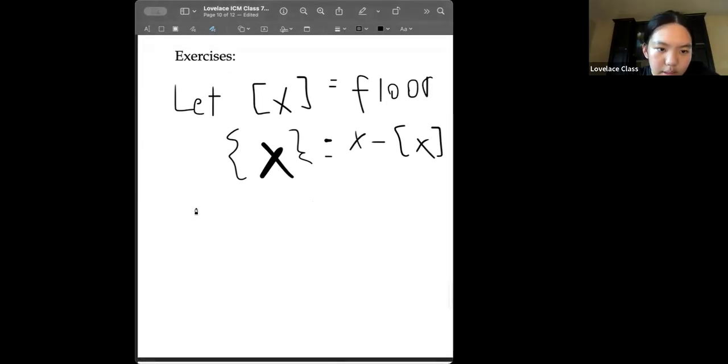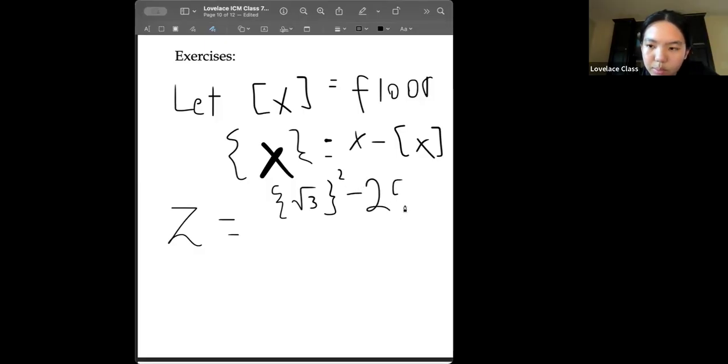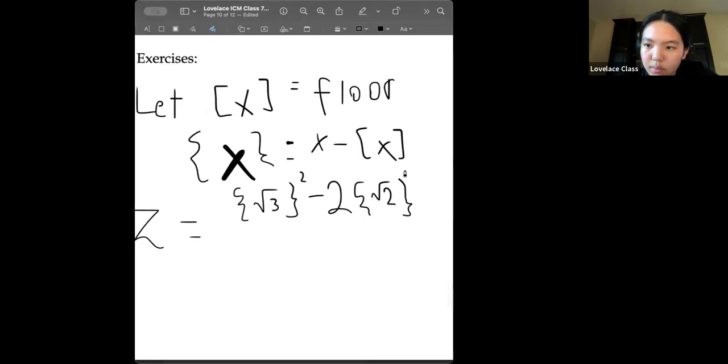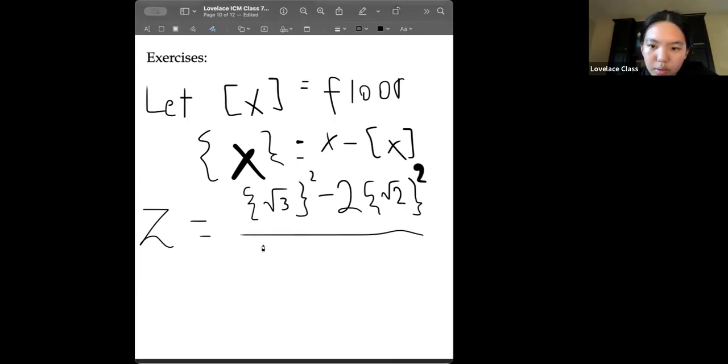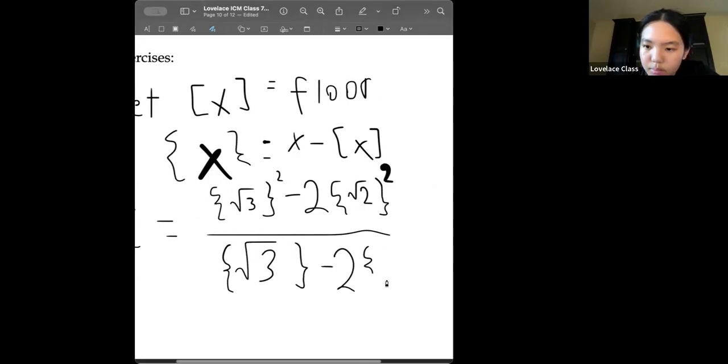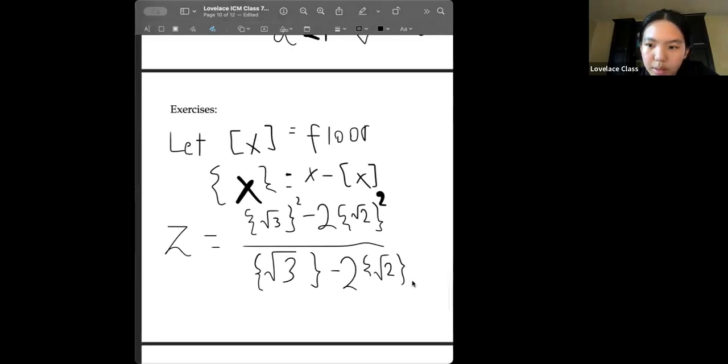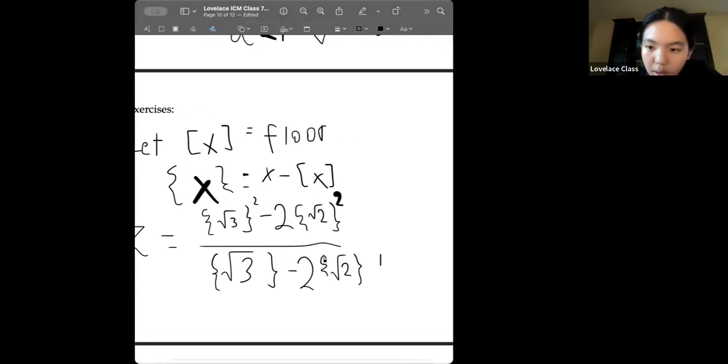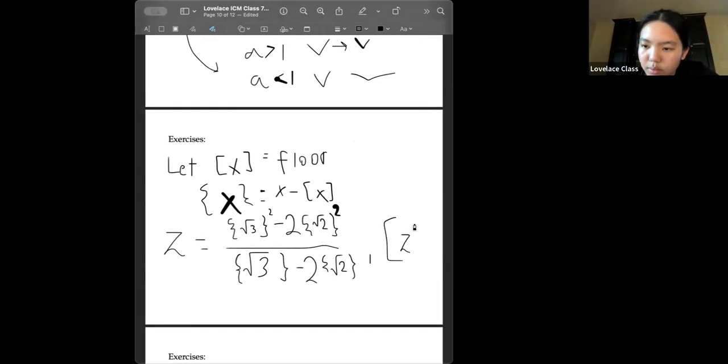And then if z is equal to the fractional part of root 3 squared minus 2 times the fractional part of square root of 2 squared, all over the fractional part of root 3 minus 2 times the fractional part of root 2, then find the floor of z.